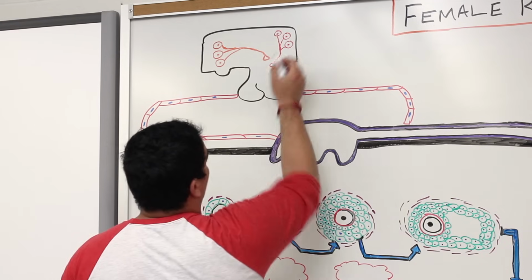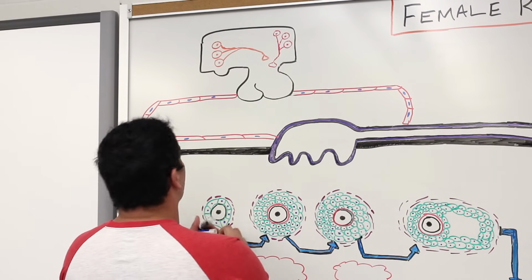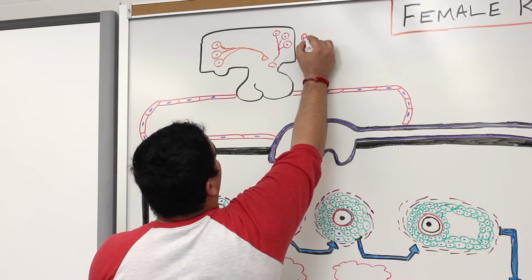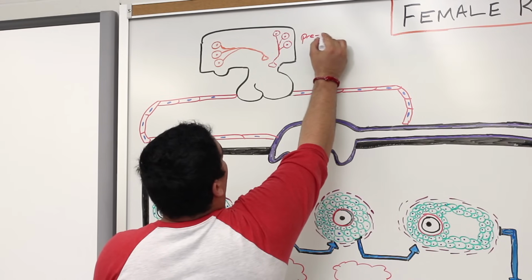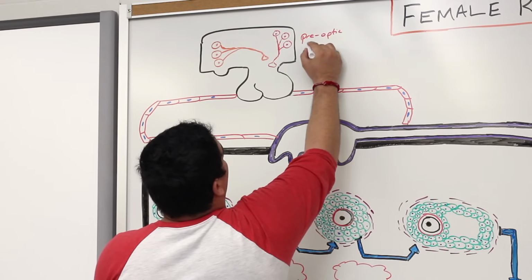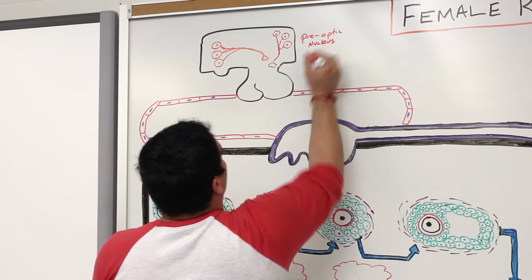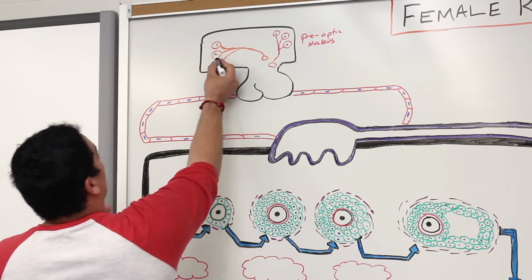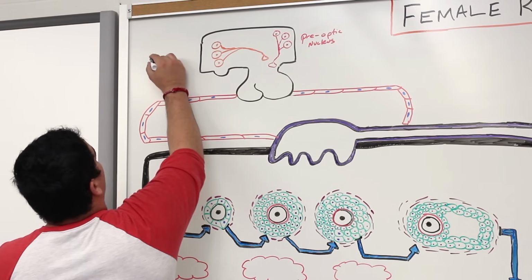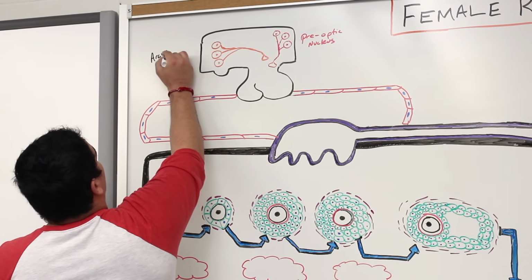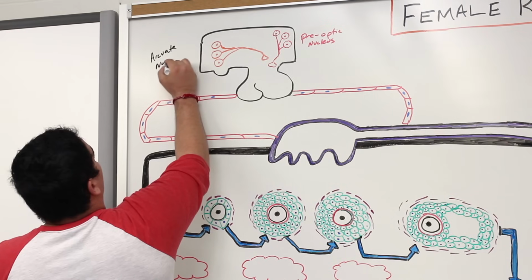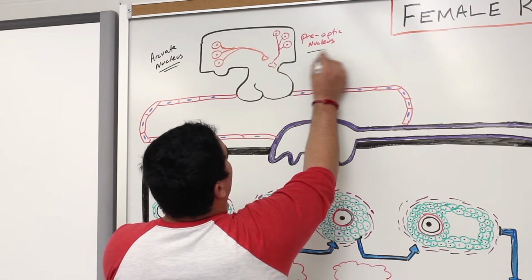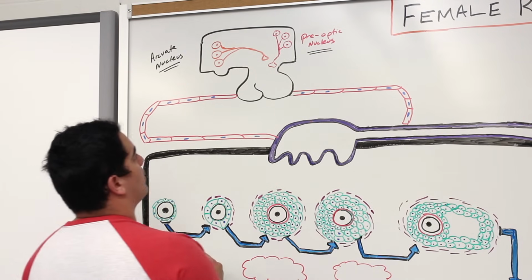Let's say this red group of nuclei, we're going to call the preoptic nucleus. And these orange ones, we're going to call the arcuate nucleus. So the arcuate nucleus is the orange ones, and the preoptic nucleus is these red ones.